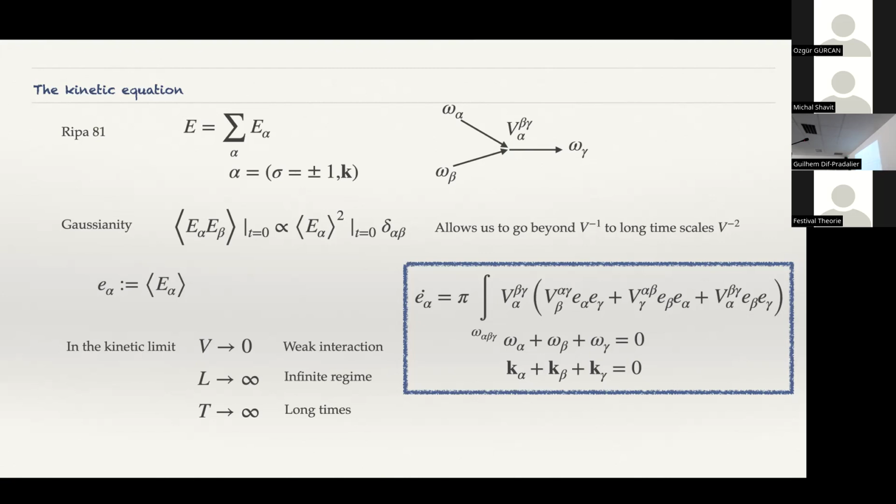And E alpha is the average energy density, the energy density at wave number k.